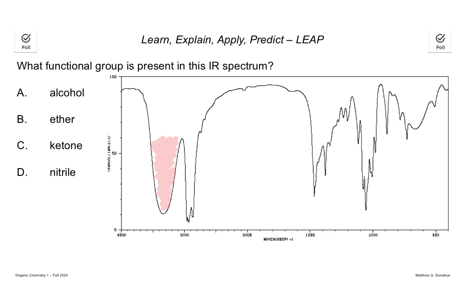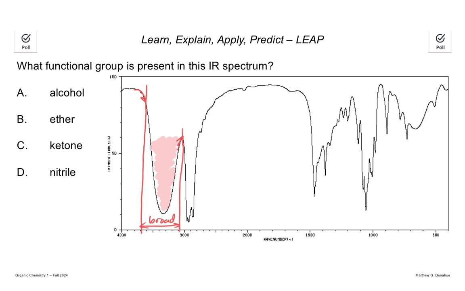To review what I mean by broad, you see where it starts to drop here. We draw that line from the shoulder, and then it goes back up towards the baseline. So that span of wave numbers is very broad, and that's the signature for an alcohol.